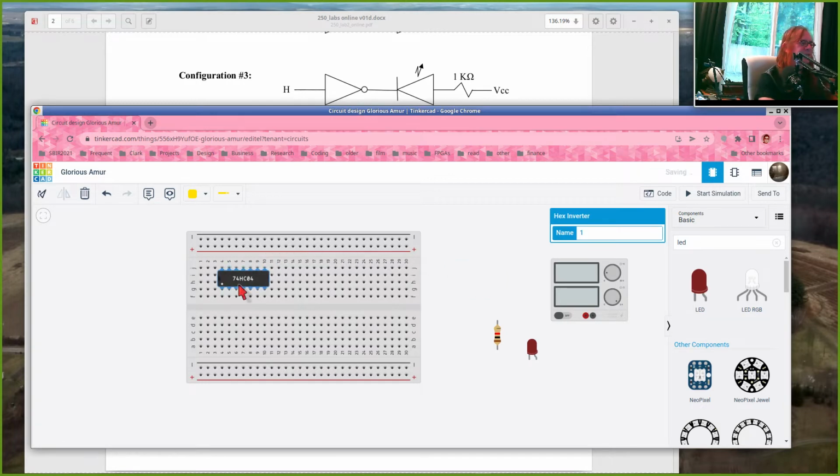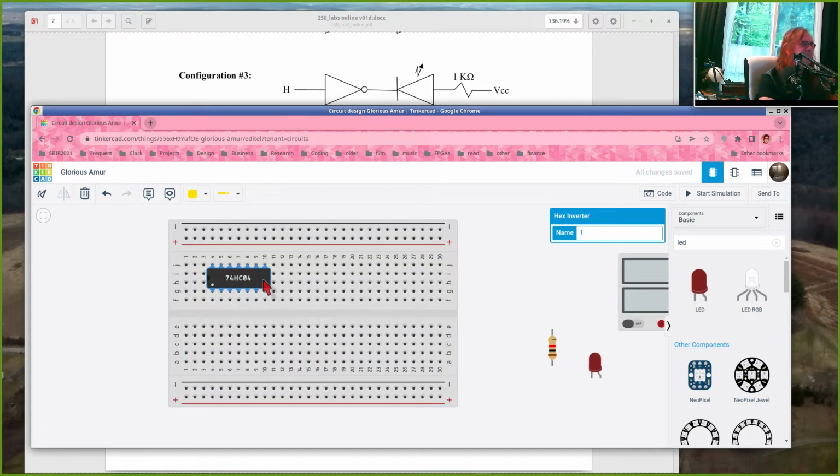And if you put it somewhere like this, there's a really subtle but significant problem. The problem is everything in this column 10 is connected together, right? All 5 of these holes, which means this pin, which is called ground, and this pin, which is called output 4, are shorted together. And this pin, which is output 3, and this pin, which is input 4, are shorted together.